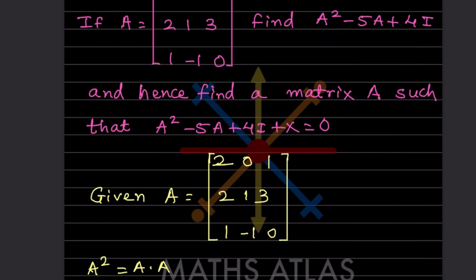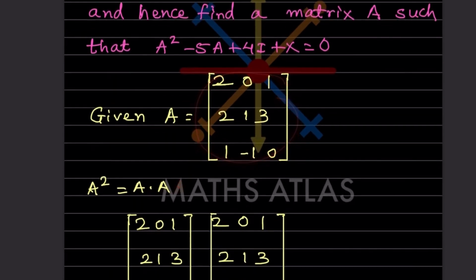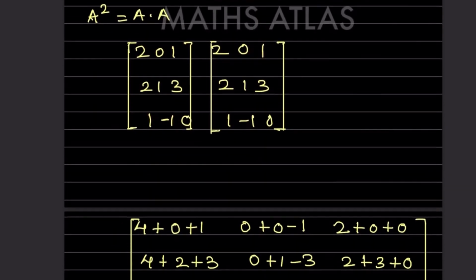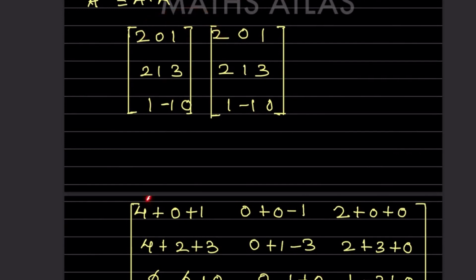So now look at here, this A is given, A². Now what will be A² means 2 times the same. So after getting 2 times this same, what is this going to be? 4 plus 0 plus 1, then here 4 plus 2 plus 3, 2 minus 2, and this is 0. So this is done.